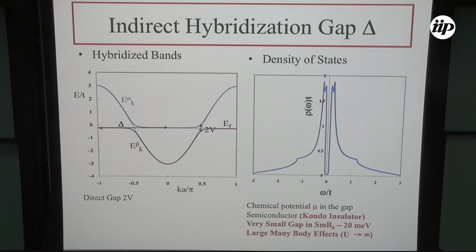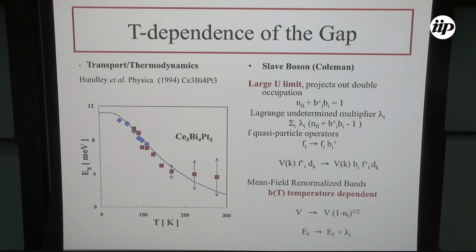For these materials, Kondo insulators, these gaps are very small, of the order of 20 millielectron volts for SmB6, and that's attributed to large Coulomb interactions.